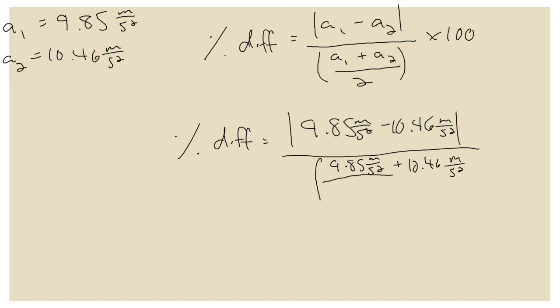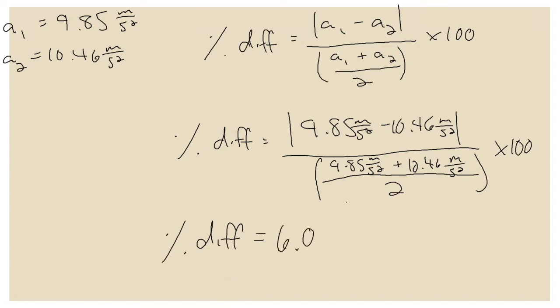And we divide that whole thing by 2, and then multiply it by 100. And when you do that math, you get 6.01% difference.